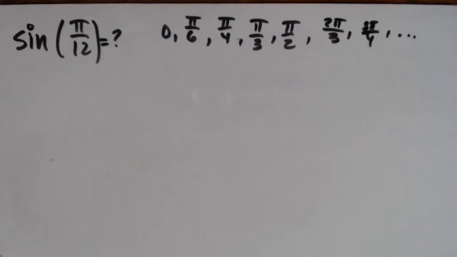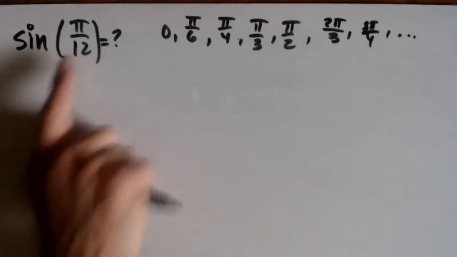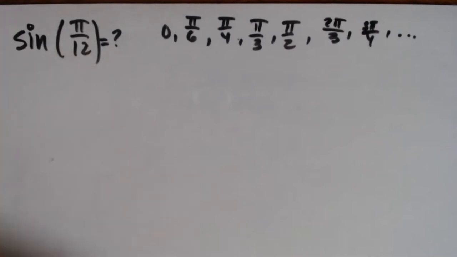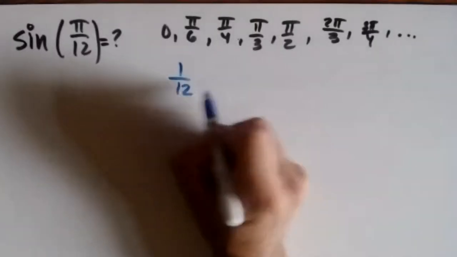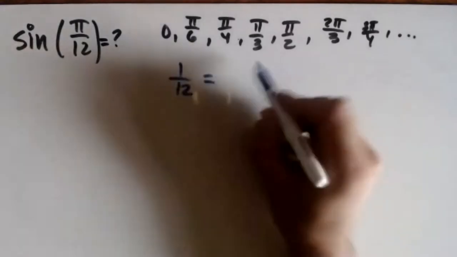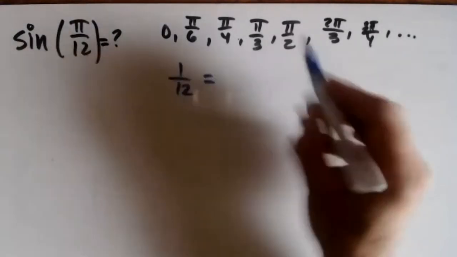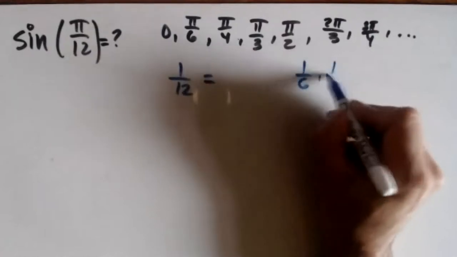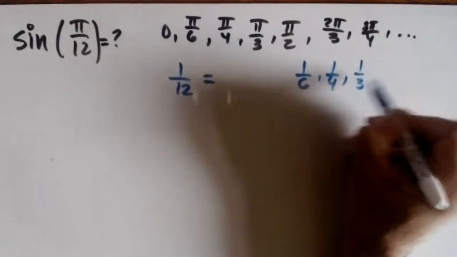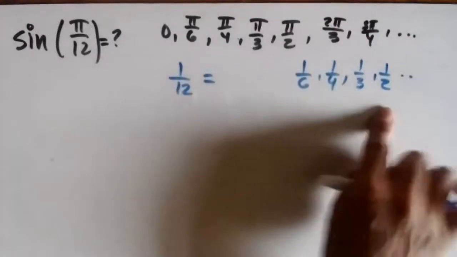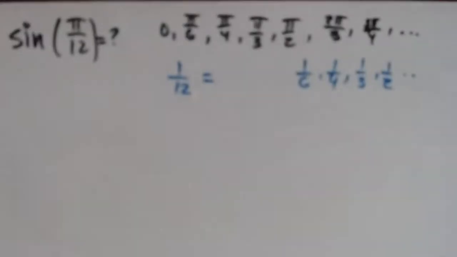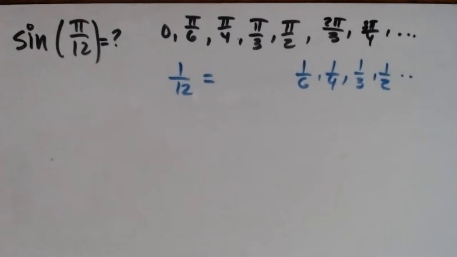Okay, now, forget the pi, and now my question is, how can I get 1/12 from 1/6, 1/4, 1/3, and 1/2? How can I combine these numbers to get 1/12? Here is the point. Now you have to do fractions.